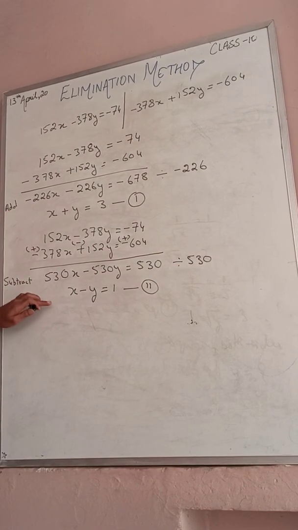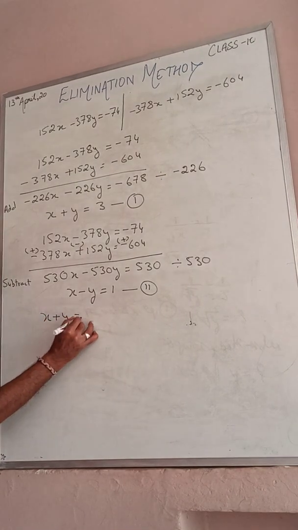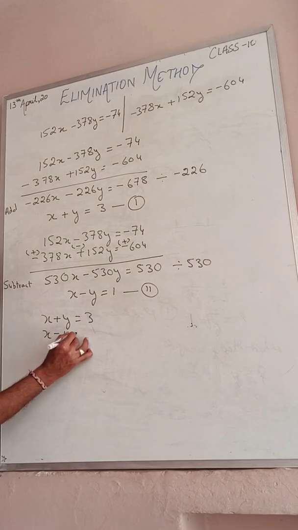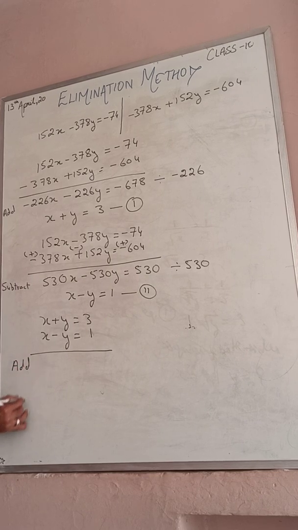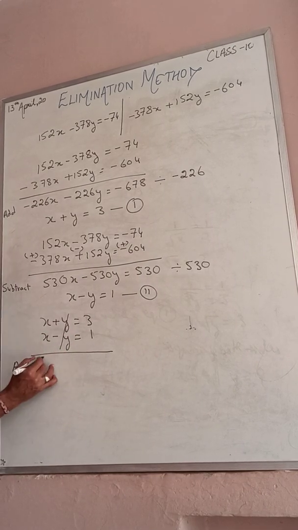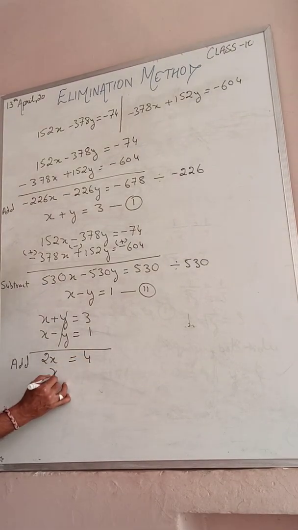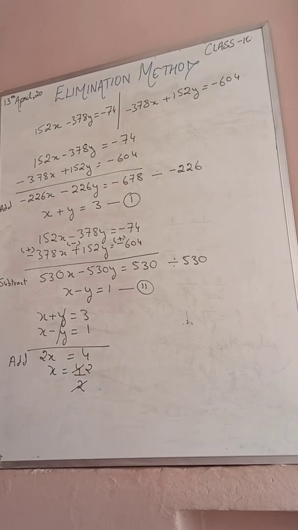You can see the first and the second equations are very easy ones. Now let us solve them. The first one is x plus y equals 3. The second one is x minus y equals 1. If I add both the equations, y will be eliminated. I will be left with 2x equals 4 and x will be 4 upon 2, which is 2.